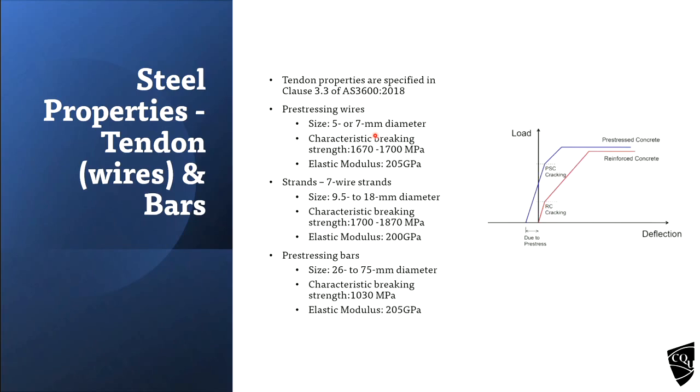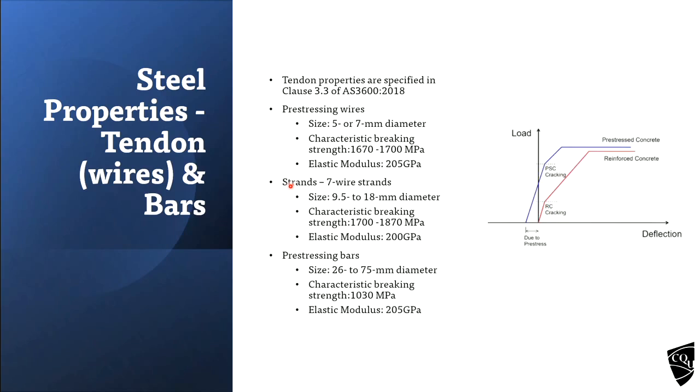A couple of wires will make a strand. In Australia, the 7 wire strand is more commonly used, the one you saw in the photo. But the strand diameter can change because it depends on how many wires you have.